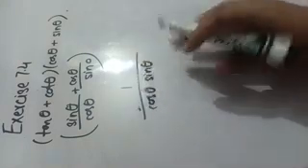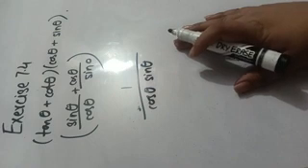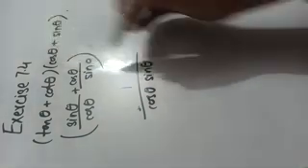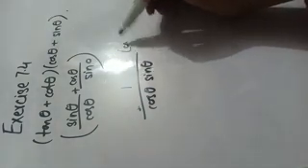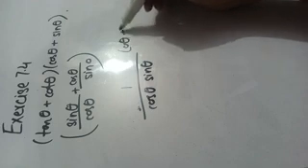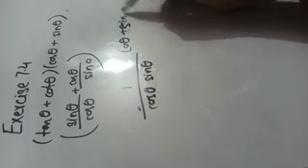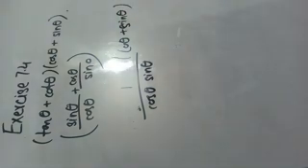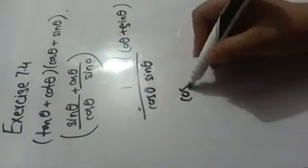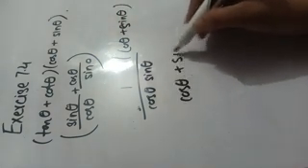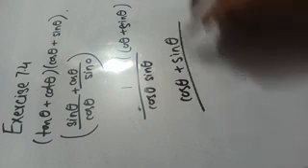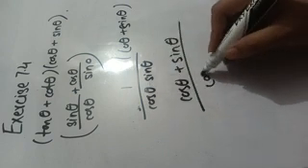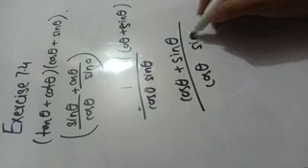So 1 over cos square theta. Now you have to multiply it with that, cos theta plus sine theta. So putting the 1 instead of this, it would come out as cos theta plus sine theta over cos theta and sine theta.